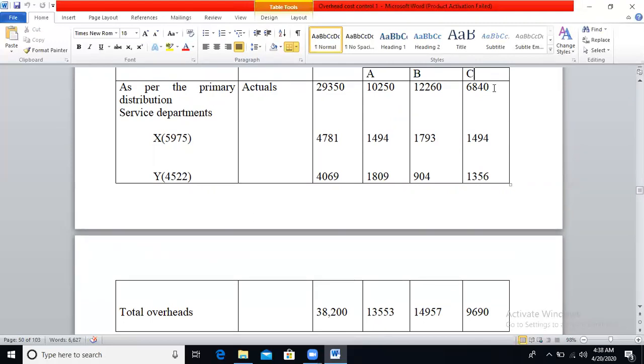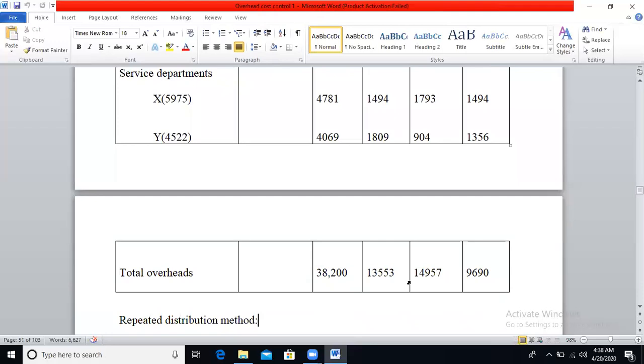And for department C: 6,840 plus 1,494 plus 1,356, you will get 9,690. So if you total department A, B and C, 13,553 plus 14,957 plus 9,690, you will get a total of 38,200.